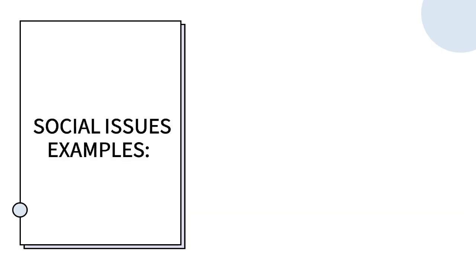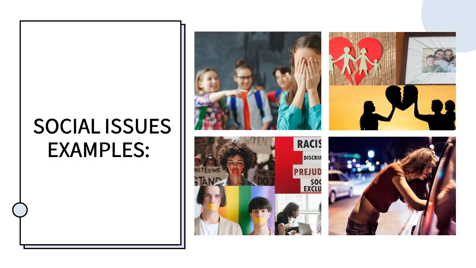These are the examples of social issues. We have different forms of discrimination, broken family, sabotage, bullying, peace and order, prostitution, and many others.